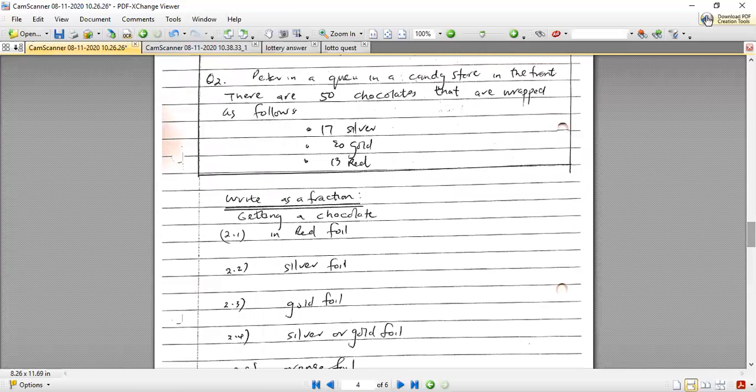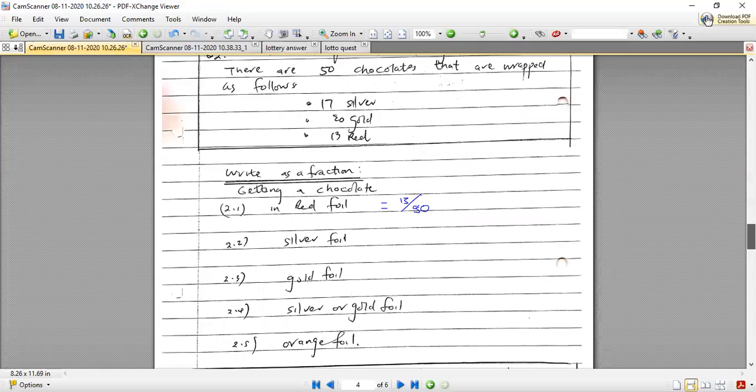So we know that the total number of outcomes is 50. The number of successful outcomes for red is 13. Correct. So you would say that it is 13 out of 50 to get a red foil chocolate.